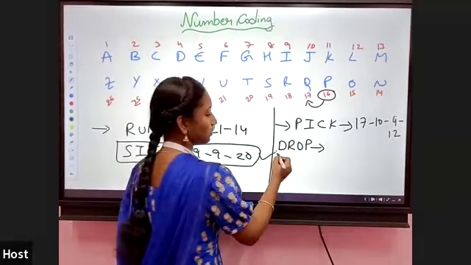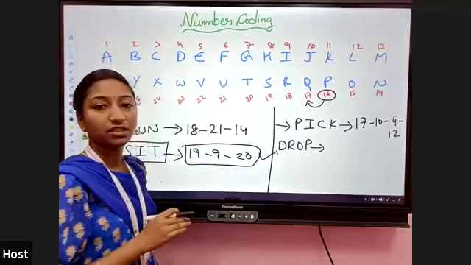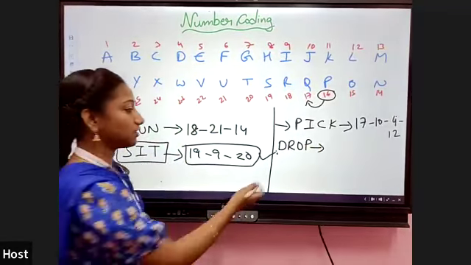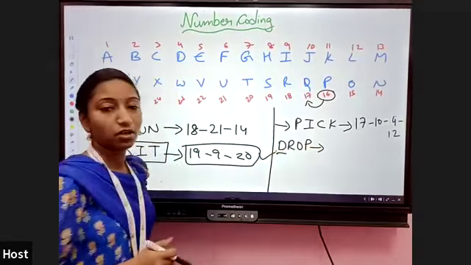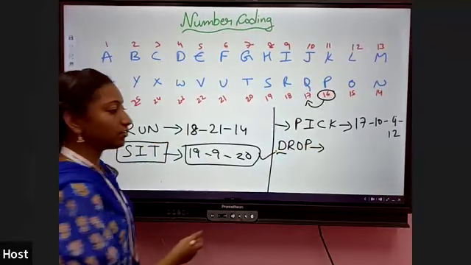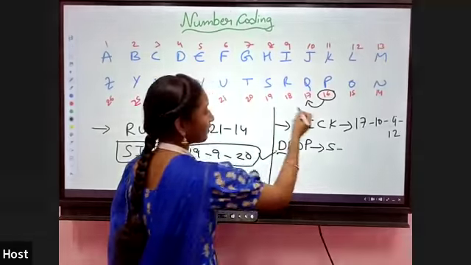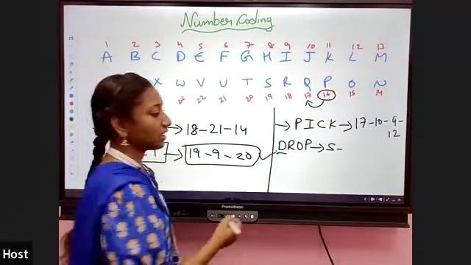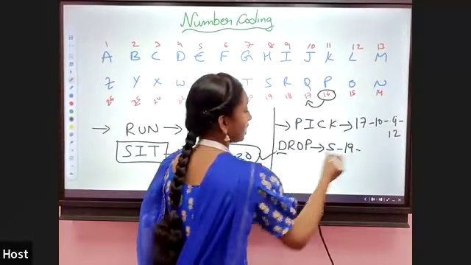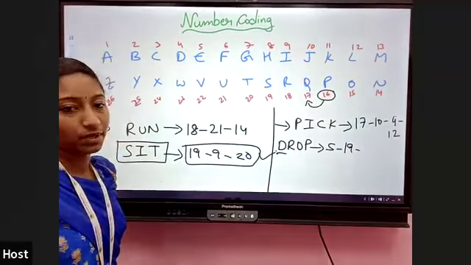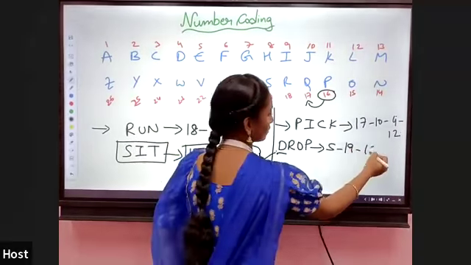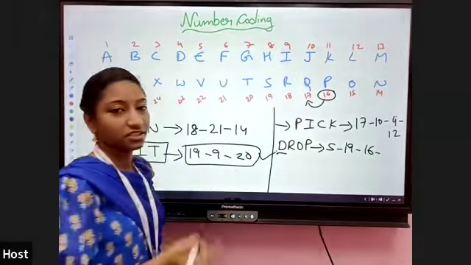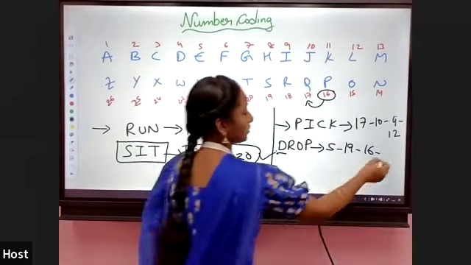So you should apply the same theme to DROP. Here, D. The value of D is 4, +1, 5. The value of R is 18, +1, 19. The value of O is 15, +1, 16. The value of P is 16, +1, 17.